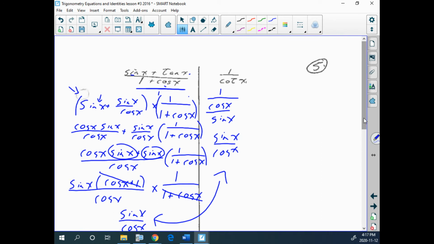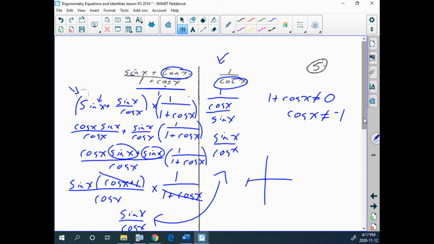The non-permissible values, we need to go back to here. We have tangent x, we have cotangent x, which have built-in non-permissibles, and then we have 1 plus cos x cannot equal 0 because it's on the bottom of a fraction. So cos x cannot equal -1 at that spot there.